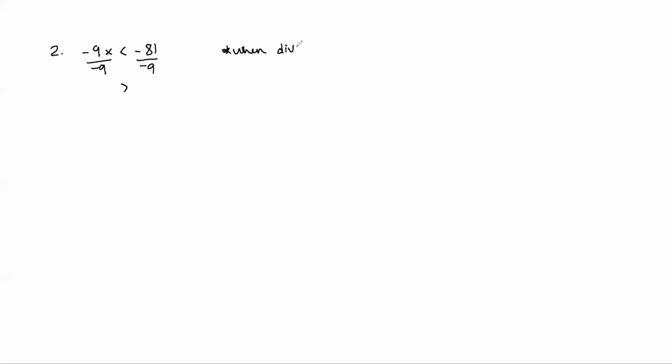So when dividing or multiplying by a negative, it has to be by a negative. The negative is not going to be on the top of the division. So this -81 doesn't actually change anything. The -9 on the bottom does. We're going to flip the inequality.